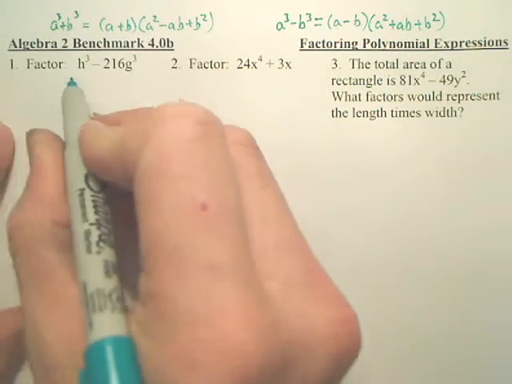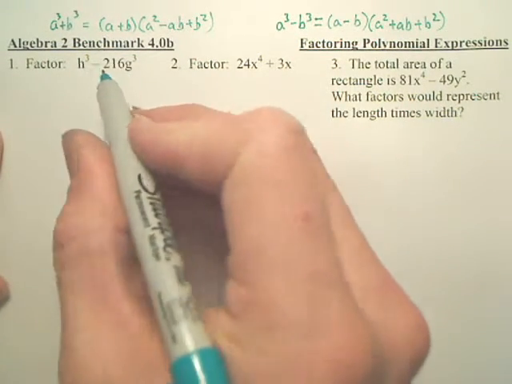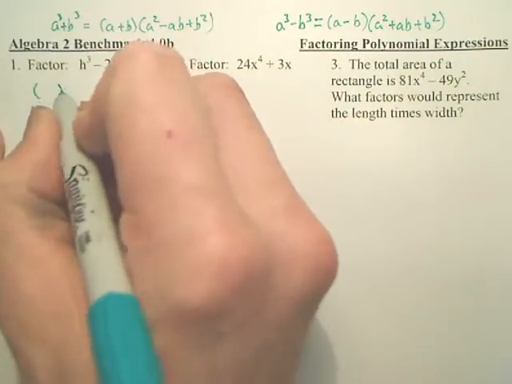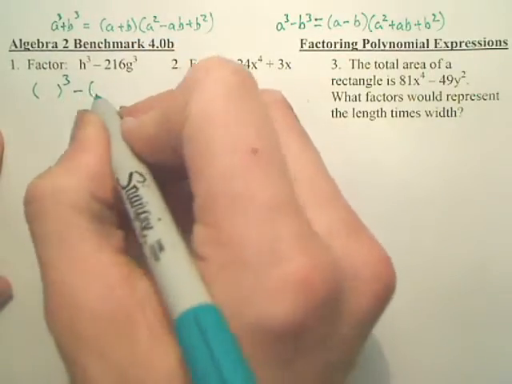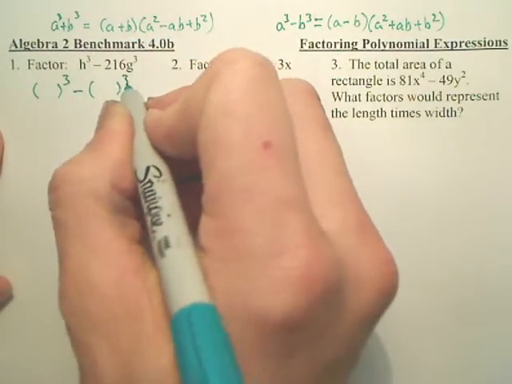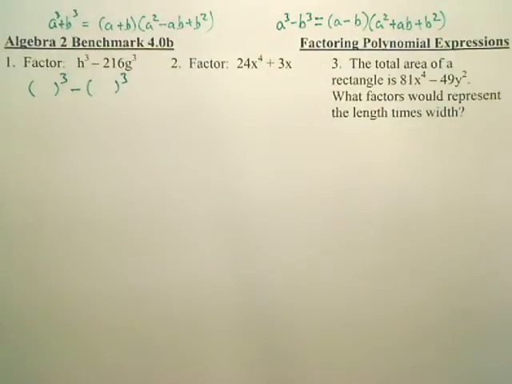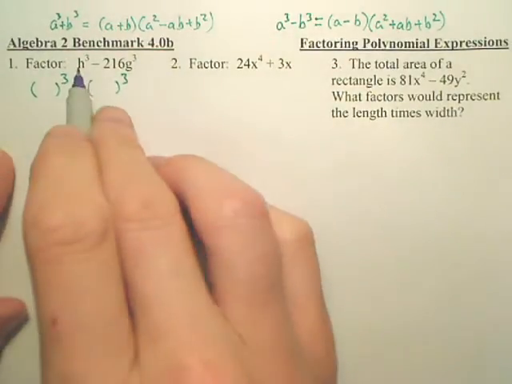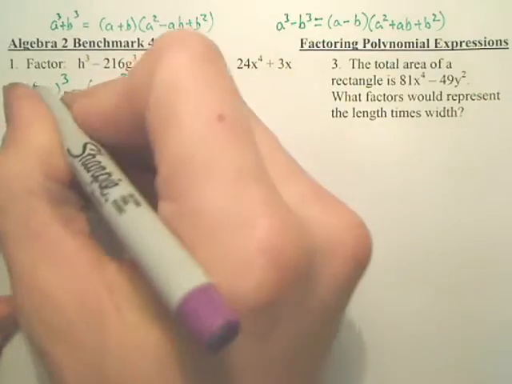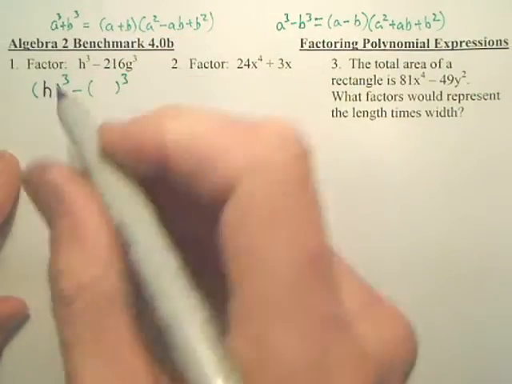So for this particular problem, you have to first figure out what A is and what B is by looking at that. So this is h cubed. So A is simply h.